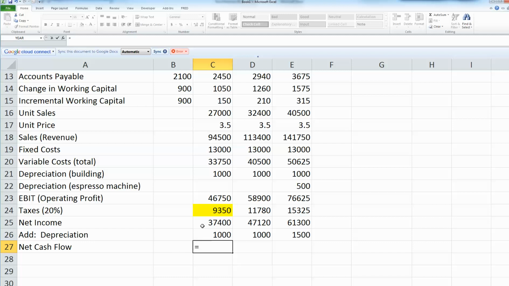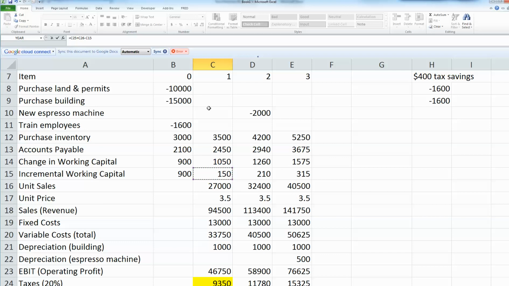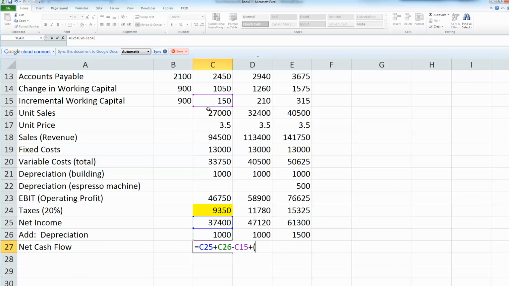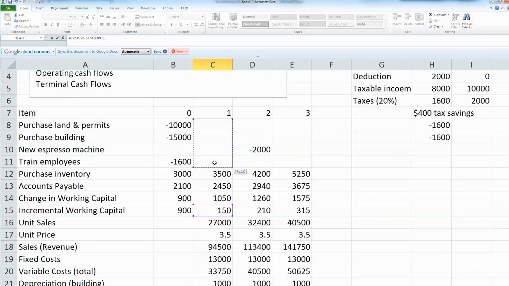So year 1, I would take my net income, add back my depreciation, subtract my incremental working capital, plus I would add any non-operating cash flows that might have occurred in that particular year. In year 1, nothing associated with non-operating cash flows occurred. But in year 0 and year 2, it does.